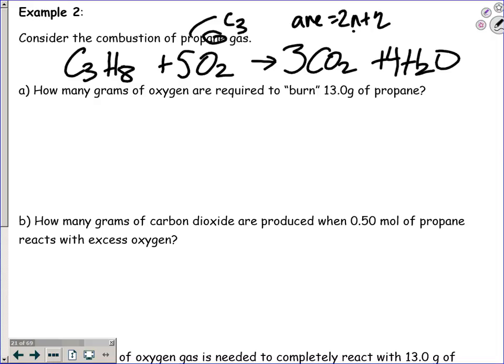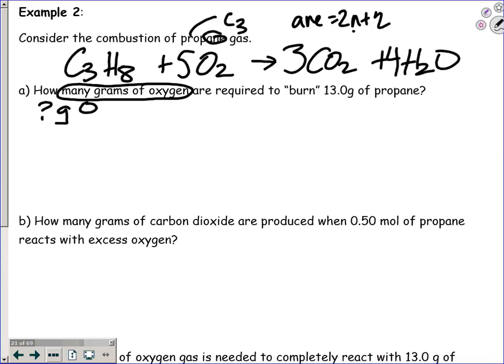Okay. All right, so how many grams of oxygen are required to burn 13.0 grams of propane? When the question starts getting long, you start getting lost. Okay, tell me the 2 things you're looking for. So the question, right? Grams of oxygen. So when it says grams of oxygen, does it mean O?